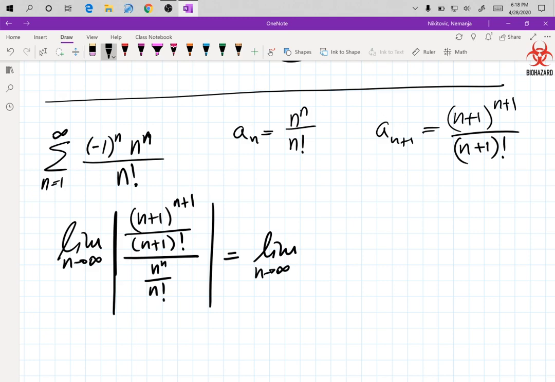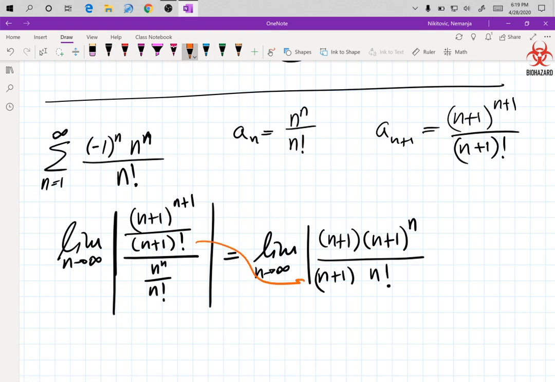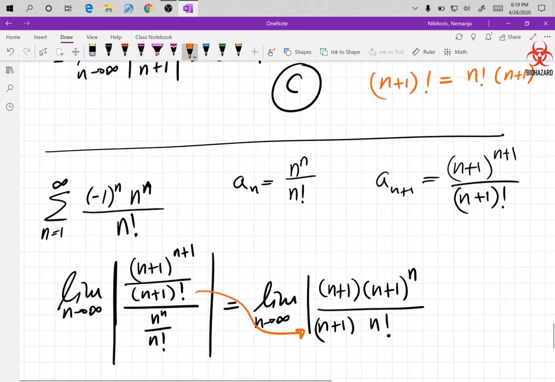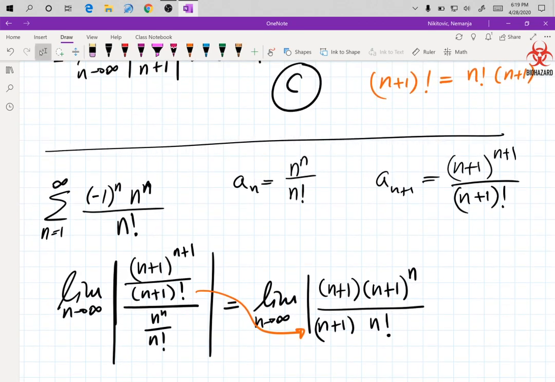So I get to write this one here; we can drop the absolute values, but whatever. I have the n plus 1, right? Because I have plus 1, that's going to be (n plus 1) times (n plus 1) to the n, divided by (n plus 1) factors out, and then I have n factorial. That's this one. You see the orange formula on top of the screen now.